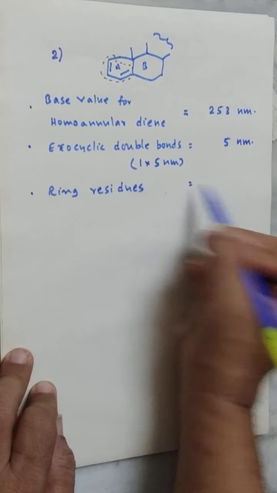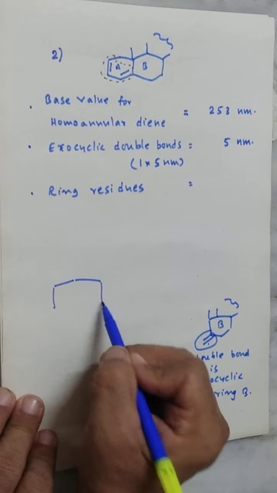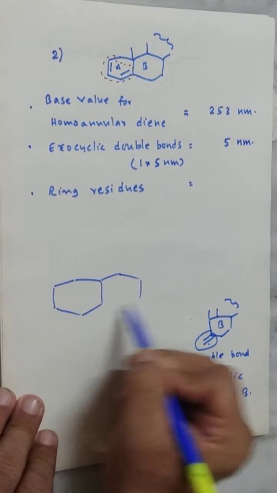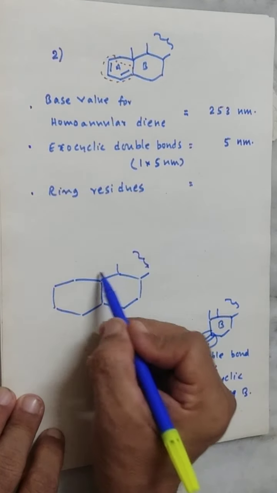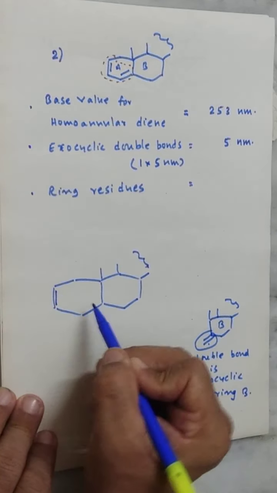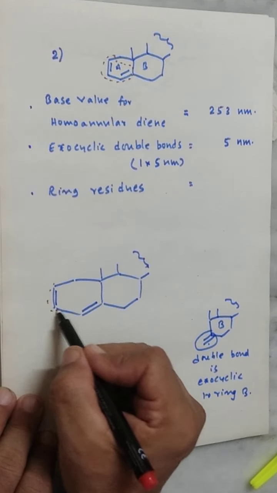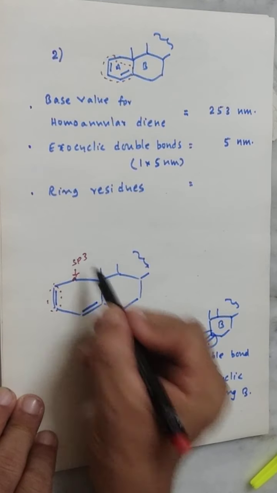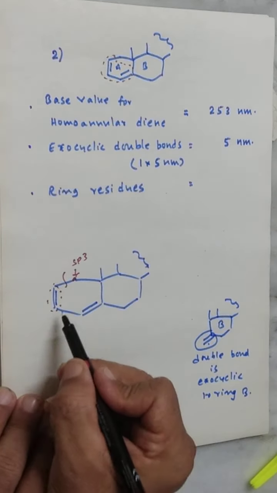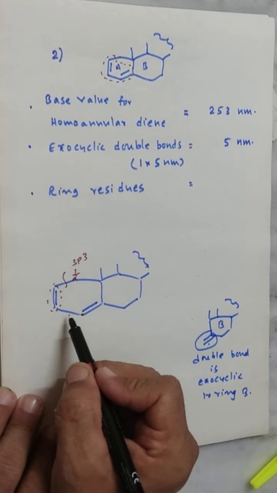You have to calculate the ring residues. Again I am writing a little bit bigger structure here, so that it will be very clear for you to calculate the ring residues. So you have one double bond here, you have another double bond here. Now if you observe this double bond, this is sp3 carbon, so this becomes one ring residue. Now coming to this, this is sp2, so this is not a ring residue.